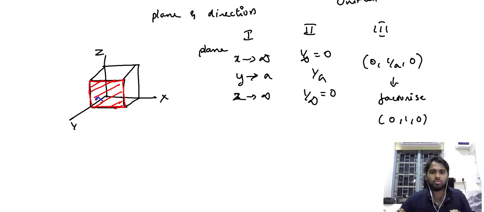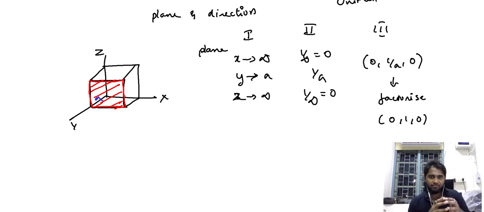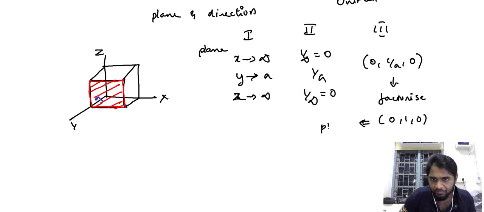So when you want to represent a plane in a unit cell, there are 3 steps. First, find the points where the plane meets the different axes. Then take the reciprocal of it, and finally normalize or factorize the different parameters that we have identified and enclose them to represent the plane. So this is the representation of the plane.